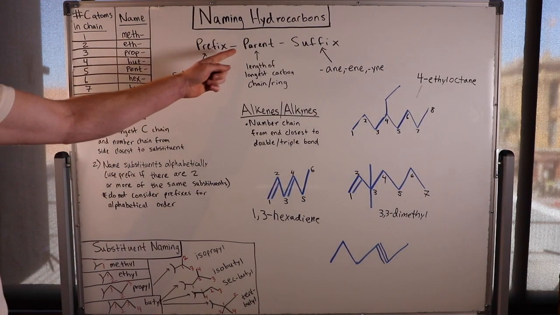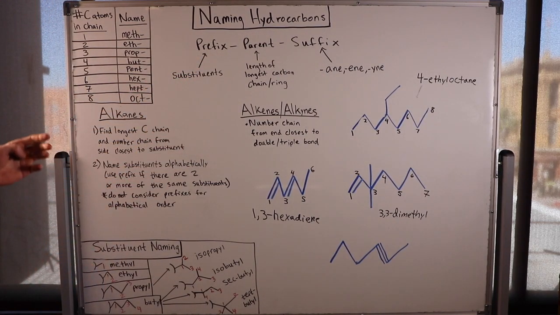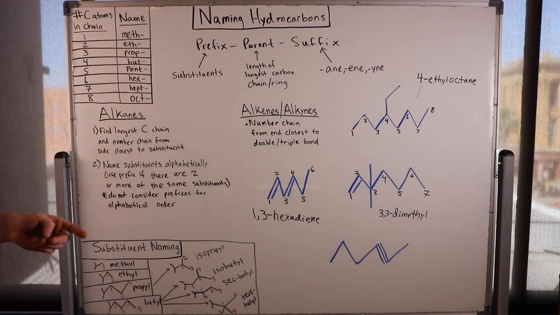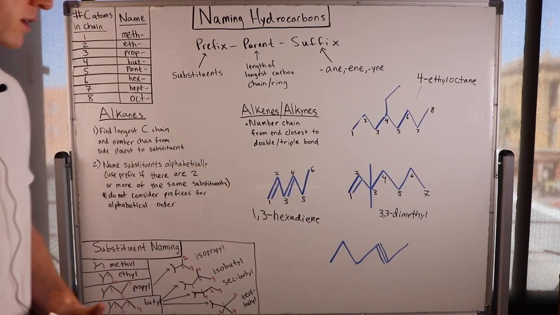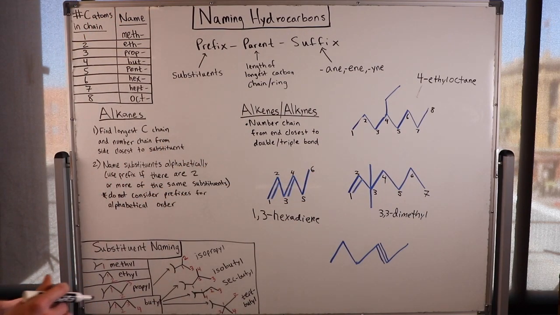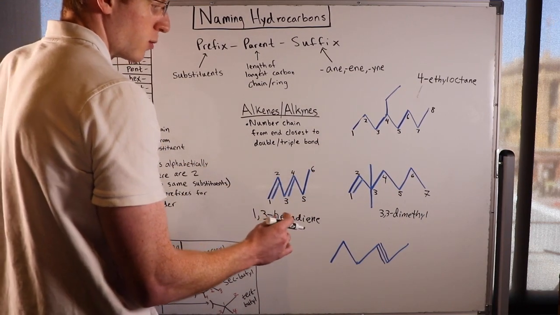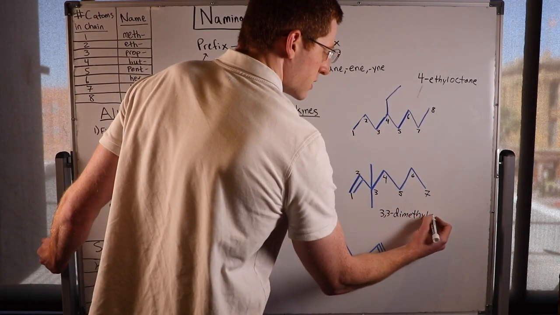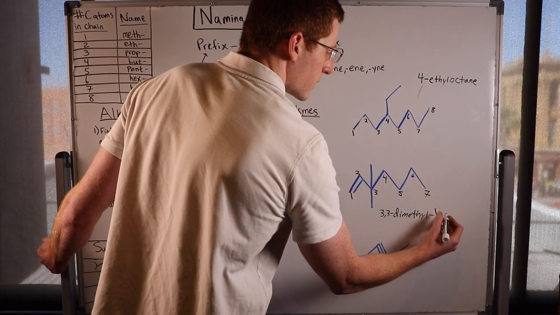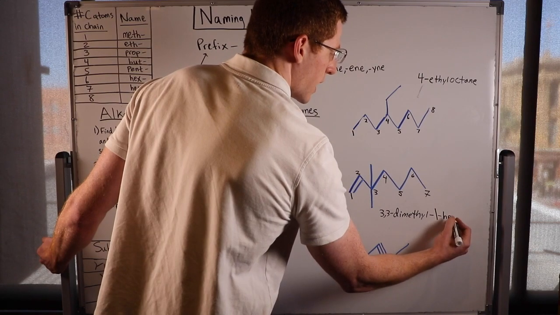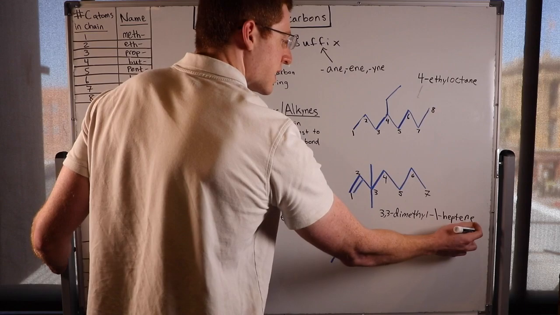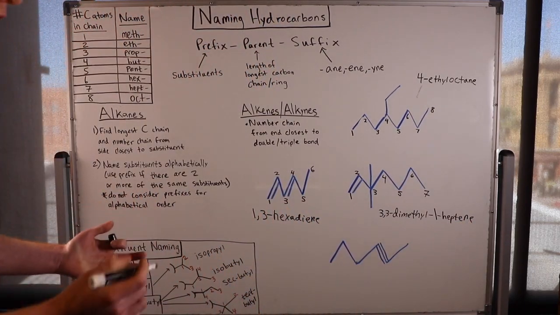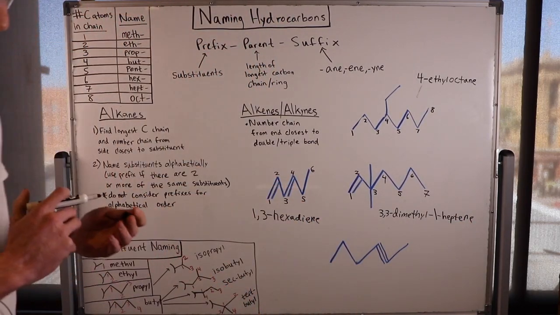Then we have to name our parent chain, and we know it's 7 carbons long, so it will be hept. But how do we account for including that this double bond is on the first carbon? Well, we can say, similar to how we've done before, that this is 1 heptene. So that tells us that the double bond that makes this an ene is on carbon 1 out of 7 total.